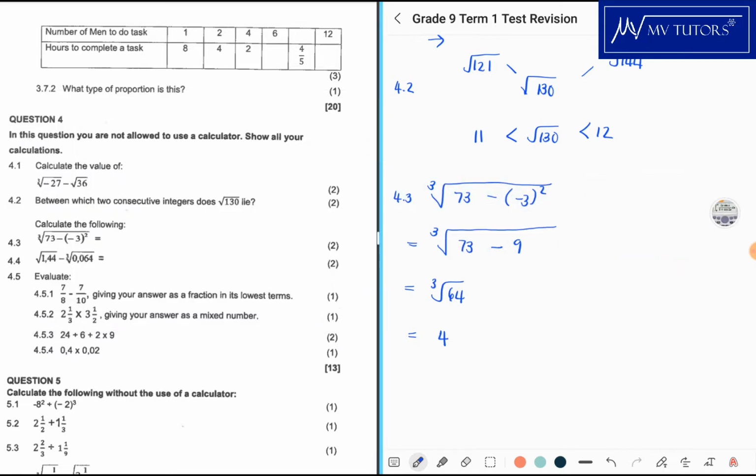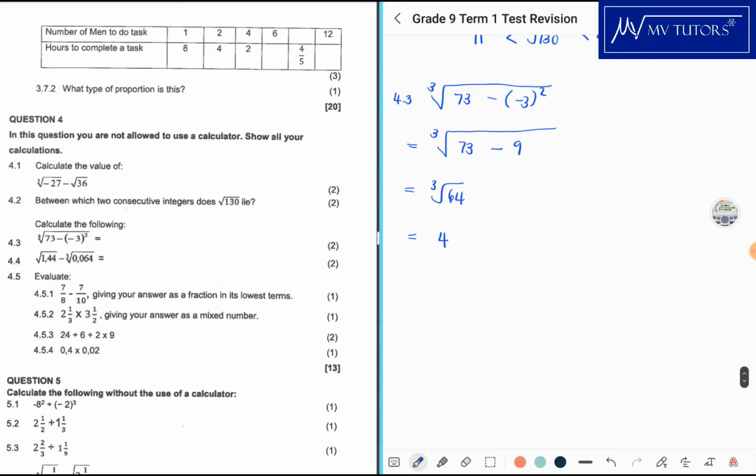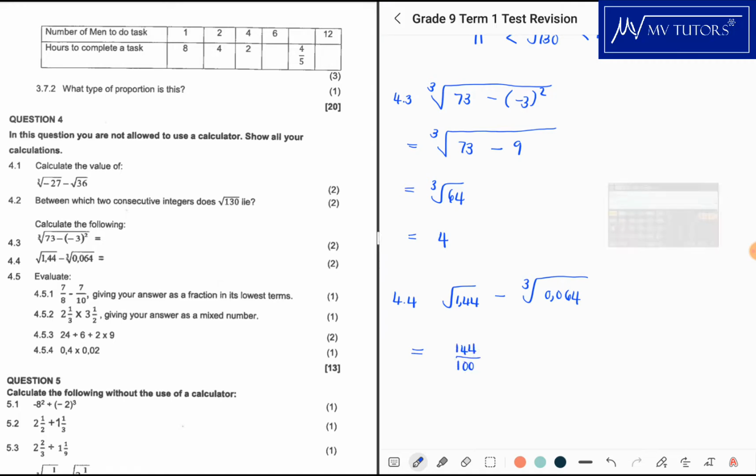So that's 4.3. Now 4.4, it says we have 1,44. So now we have a square root of 1,44 minus the cubed root of 0,064. What I would suggest, please take these decimals and write them as fractions. So 1,44 is 144 over 100. If you're not sure, check.